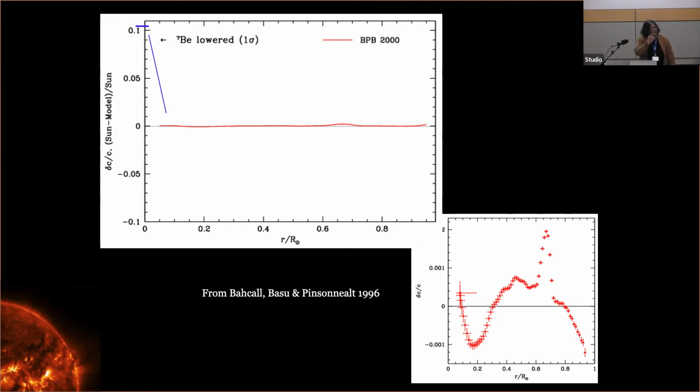So what could it be? Well, that's when people started thinking about the fact that if neutrinos are not massless, then electron-type neutrinos can change into mu-type and tau-type neutrinos, mainly mu-type neutrinos. So that's when the Sudbury Neutrino Observatory was built, which can actually detect mu-type neutrinos.